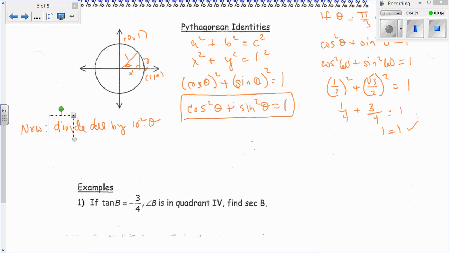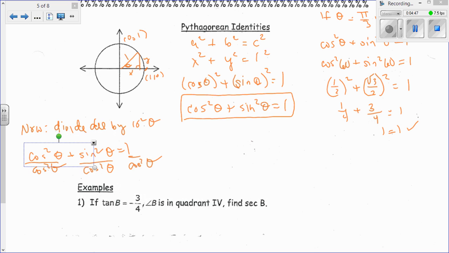So if I start out with my identity, cosine squared theta plus sine squared theta equals 1, and I divide everything by cosine squared theta, cosine squared theta divided by cosine squared theta cancels out, and I'm left with 1 plus sine squared theta divided by cosine squared theta is tan squared theta equals 1 over cosine is secant squared theta. So this is identity number 2.